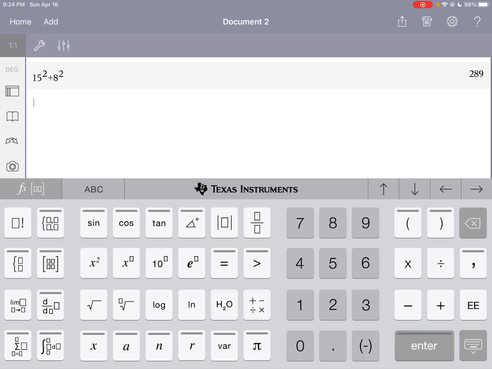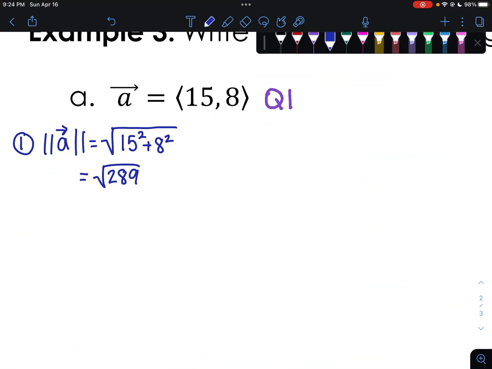Before you do anything else, you check to see if it's a perfect square. If it's a perfect square, then you don't have to simplify the radical. The answer is just 17. So the magnitude for vector A is 17.